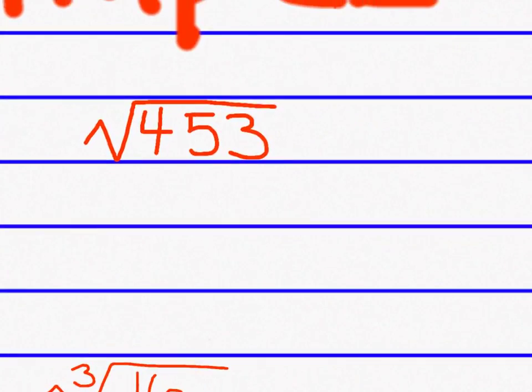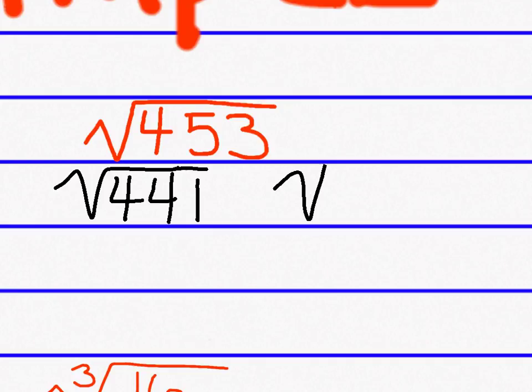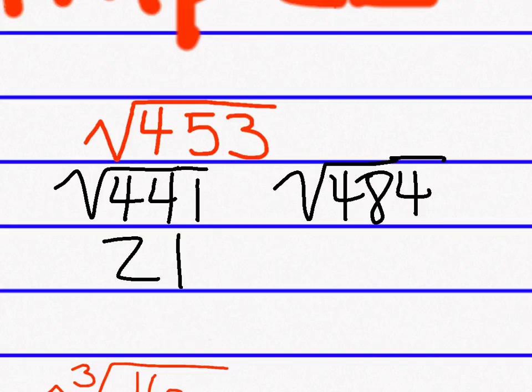For the next one, the square root of 453 is between the square root of 441 and the square root of 484. That's going to give you an answer of 21 and 22.